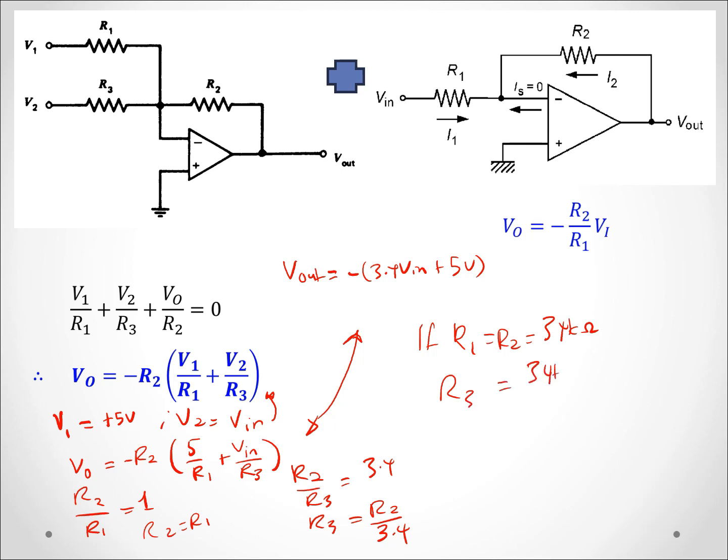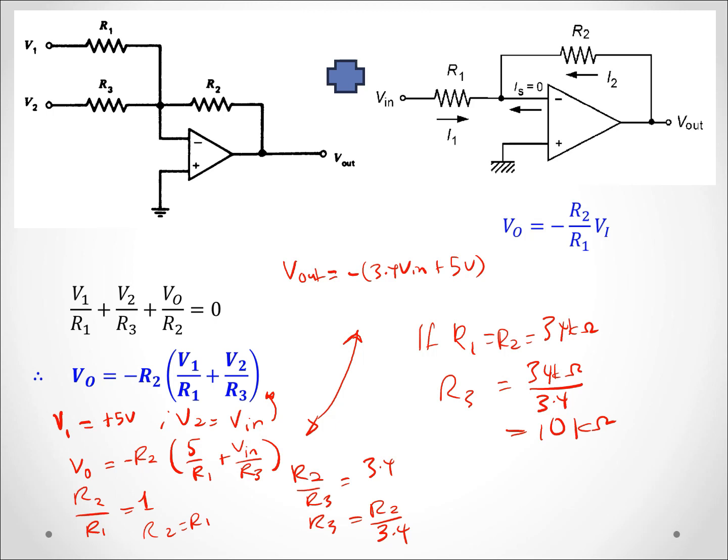As for the inverting amplifier, because our gain is -1, V out is equal to -R2 over R1 times V1. So the value of R2 and R1 should be the same.